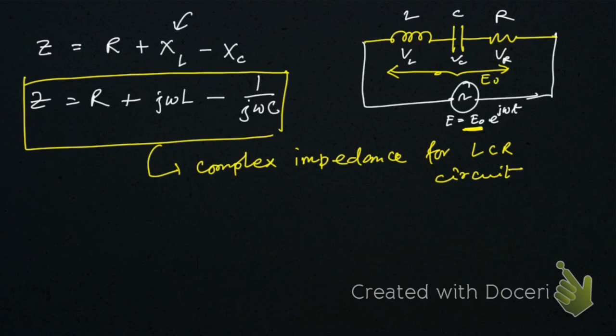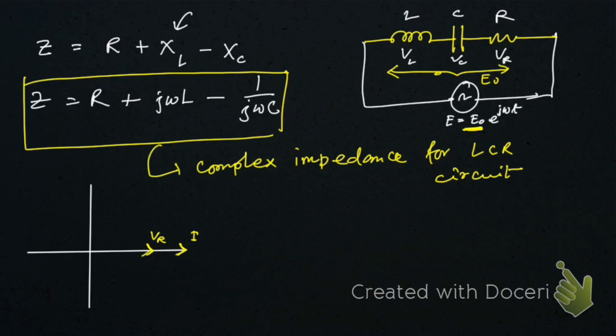Now let me take the axis here. When we studied a circuit with resistor only, in that case the current and the voltage VR were both in the same phase, right?